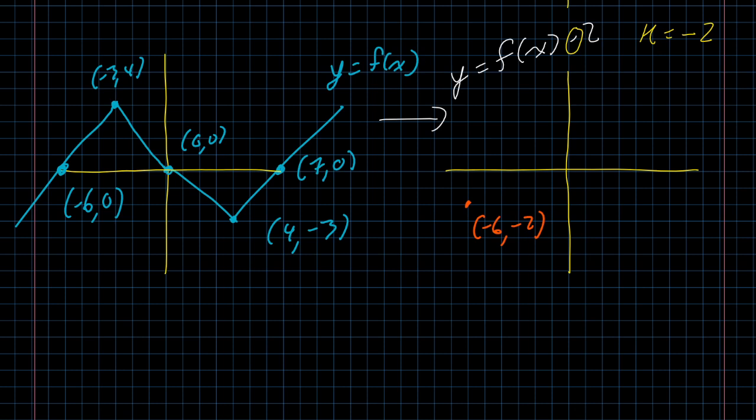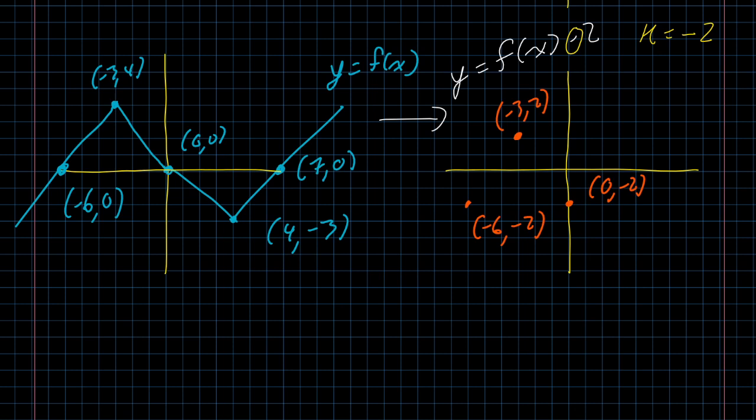We were at -3, 4. We move down by 2. We're now at -3, 2. Likewise, our point from 0, 0 is going to move to 0, -2.